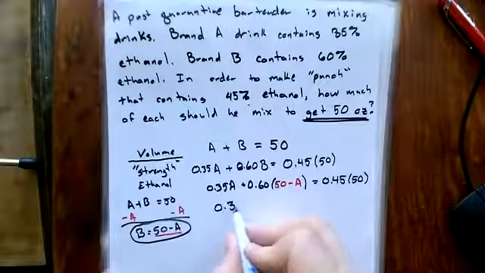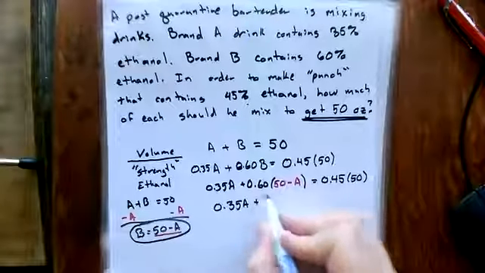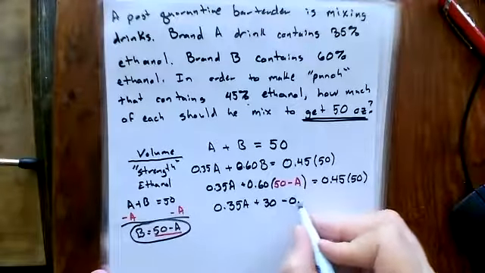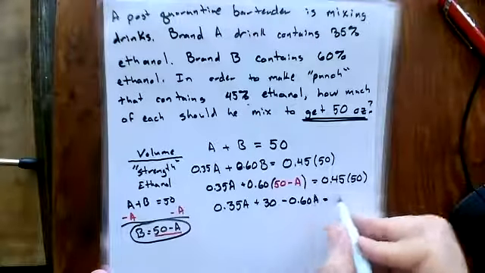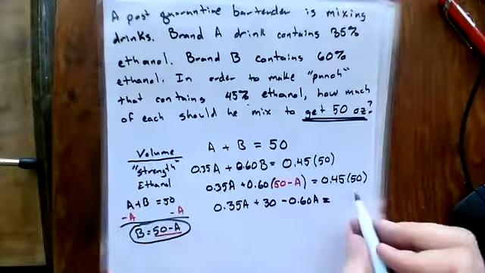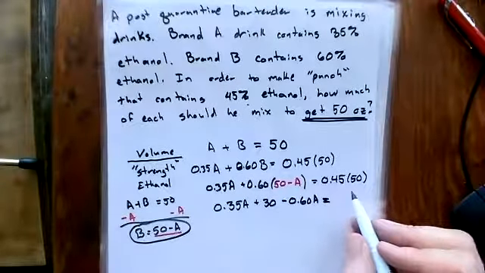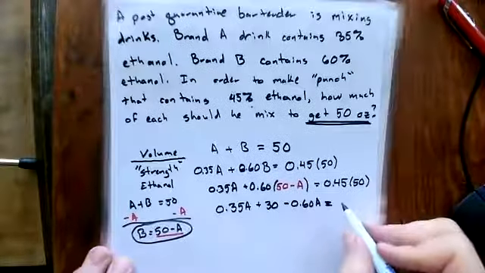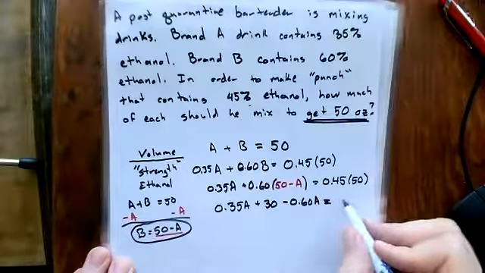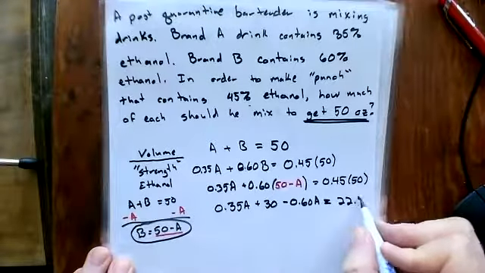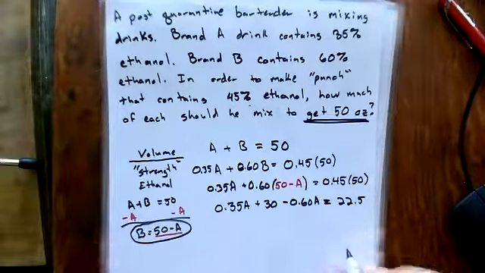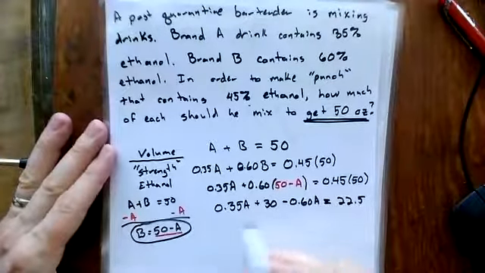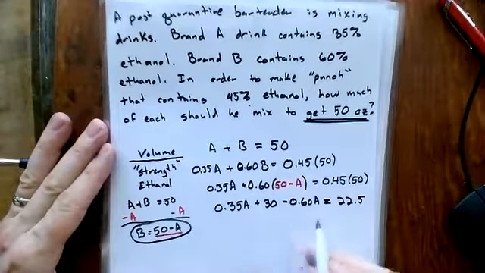So 0.35A plus 60% of 50, that's going to be 30, and then minus our 0.60A is equal to 45% of 50, that's going to be 22.5. Now this is going to look a little bit weird for a minute, and some people are weirded out when they realize that we've got some negative numbers in here.